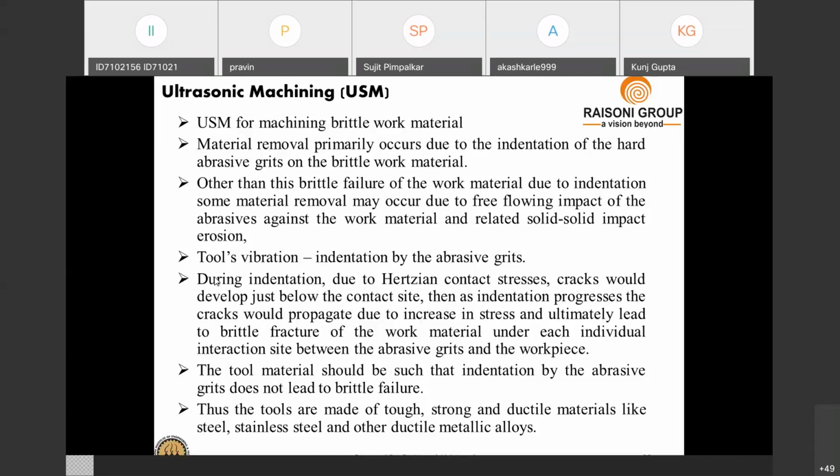That's why your tool should be tough, strong, and mainly made of ductile material. Like different stainless steels, other steels, and other metallic alloys, you can use to produce different tools in ultrasonic machining.